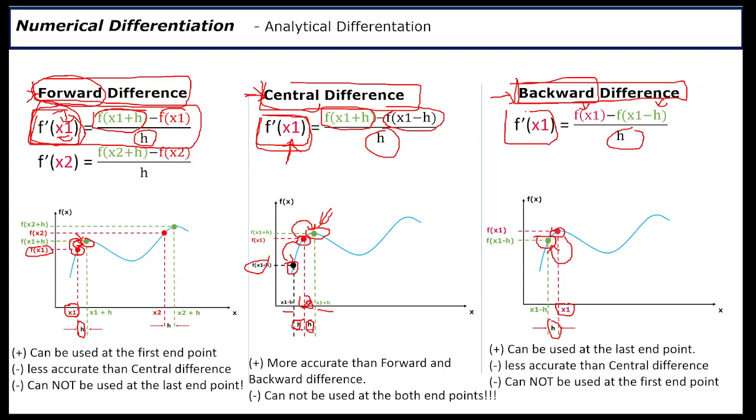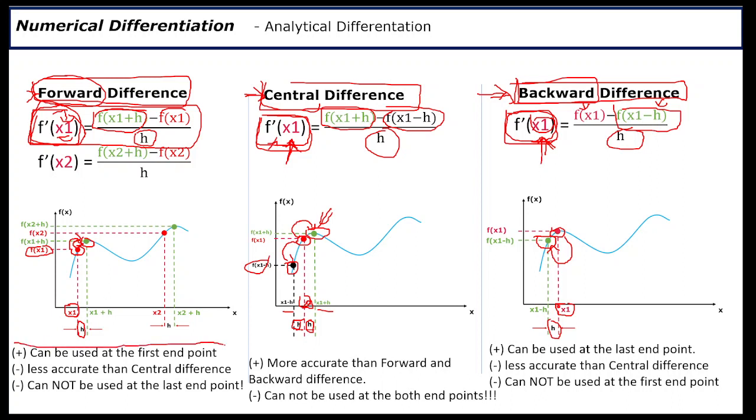Then we get our first derivative at x equal to x1, because the information is gained from the backward point. That's why the method is called backward difference. I hope the concept is clear on how to compute the derivative of a function at a specific point, here at x equal to x1.